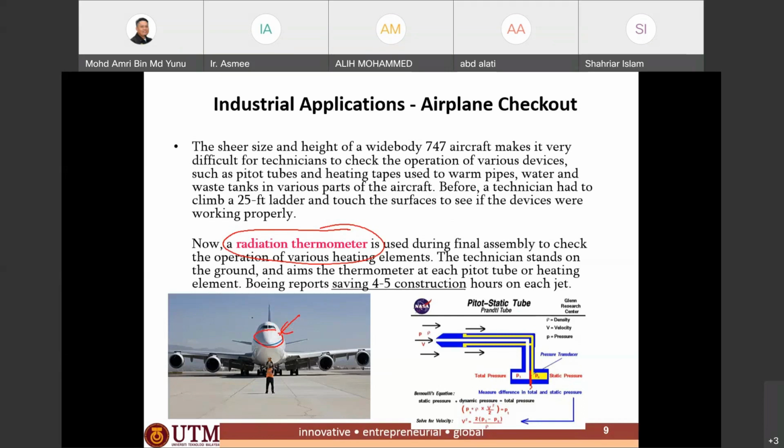So let's say when the aircraft has landed, a technician must come and check the condition of the pitot tube.